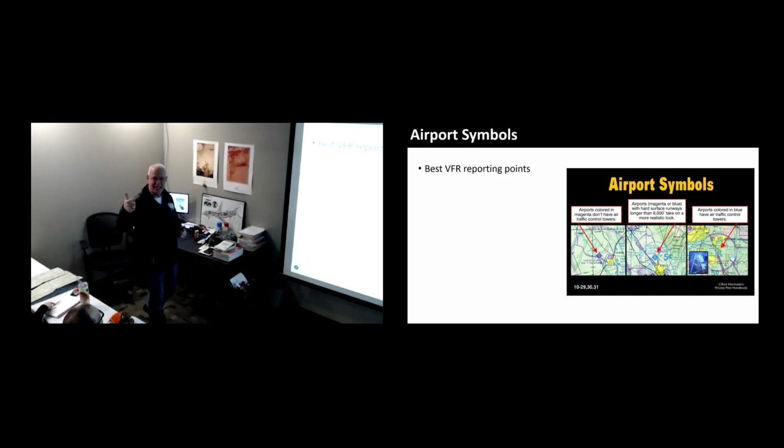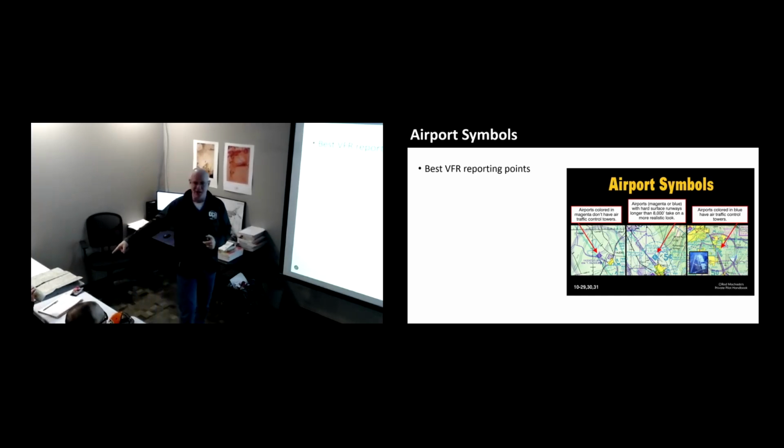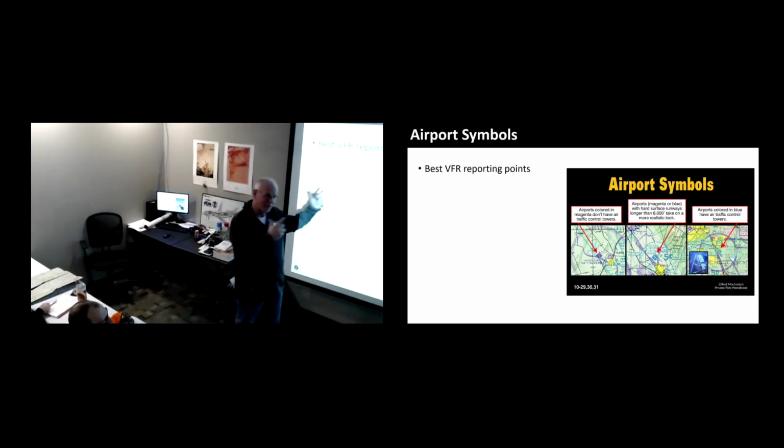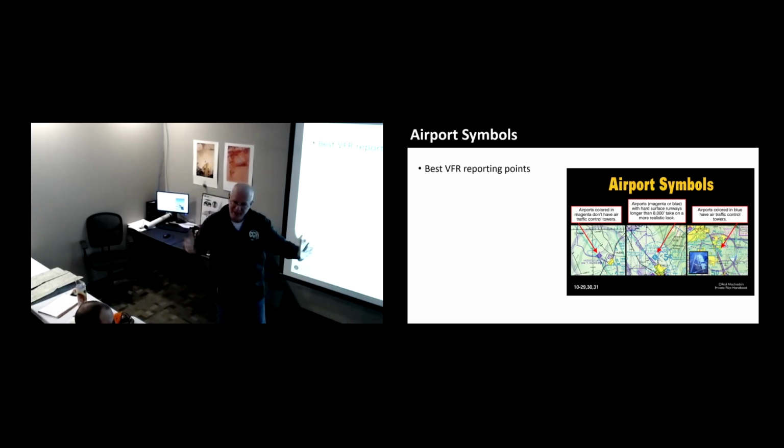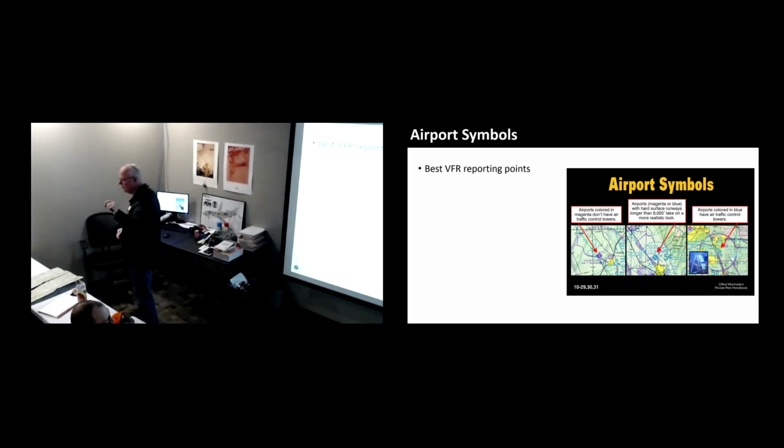Places like Reading, Lancaster, if you're looking at your chart and the chart supplement, where you know that the airport is about 3 miles to the northwest of the town, that will give you a good indication of where to look, and you can find it much easier. But the smaller airports are not good things to use as VFR checkpoints or reporting points. Keep that in mind. Just because they're on the chart doesn't mean they're easy to see.